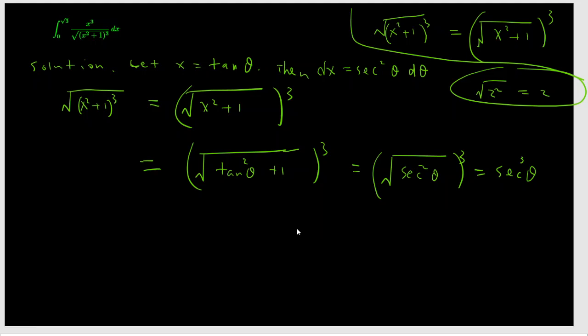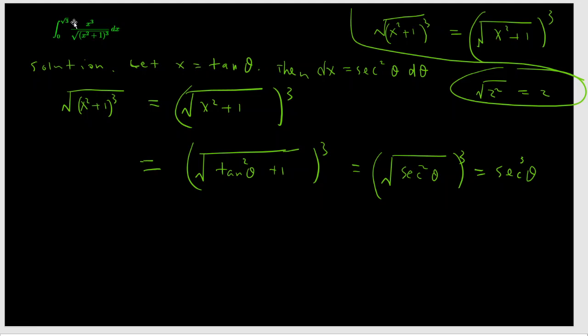Now we are ready to transform the integral. Actually, for a definite integral, you need to do some extra steps. Now look at the integral. The lower limit of 0 is an x value. The upper limit, the square root of 3, is also an x value.